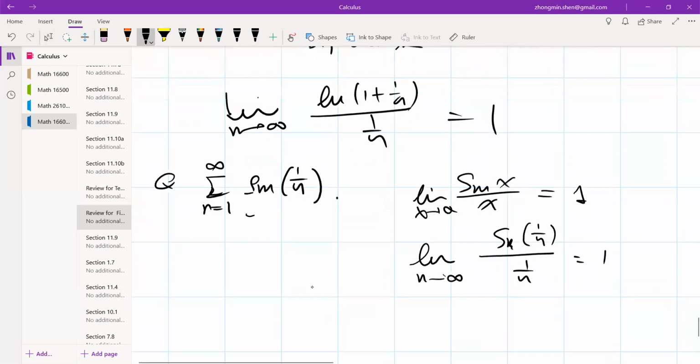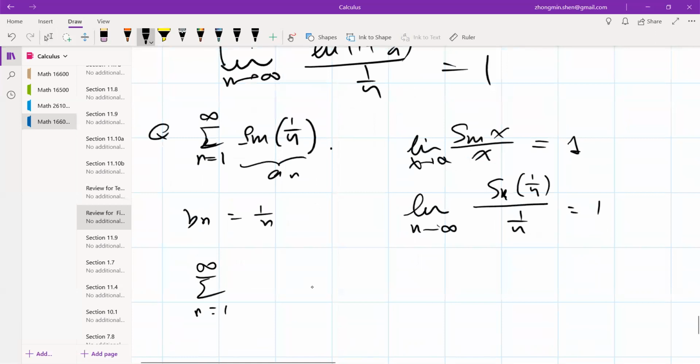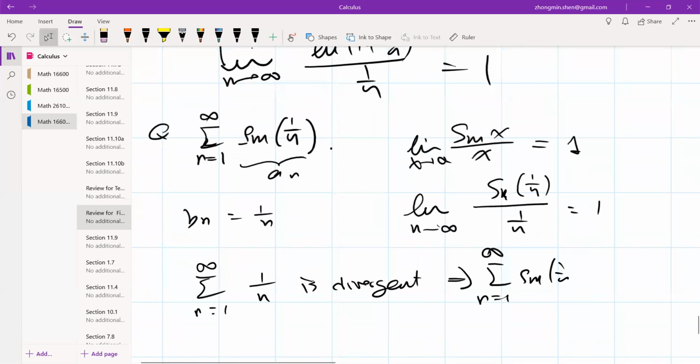That's it. So this is your an, my bn is 1 over n. Okay, so by the limit comparison test, this is divergent because the series of 1 over n is divergent. So that implies that series is divergent.